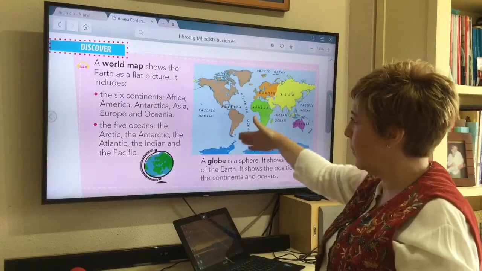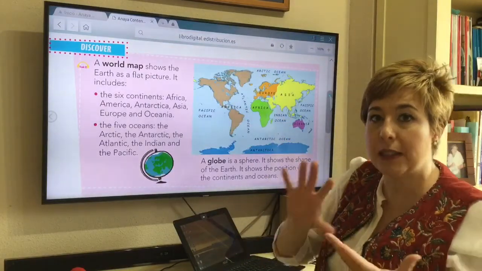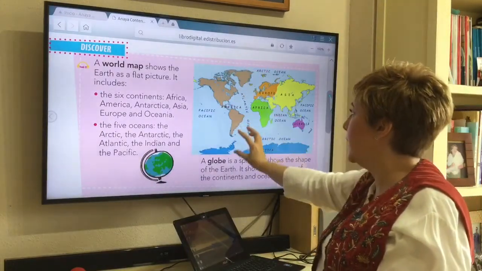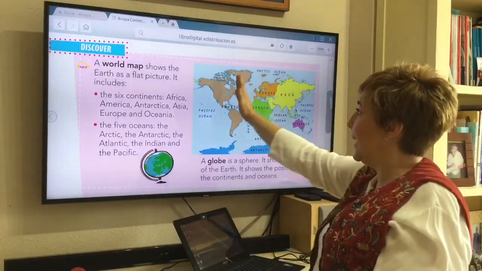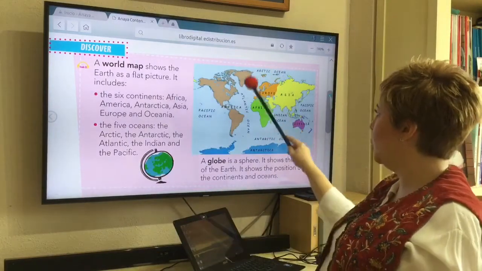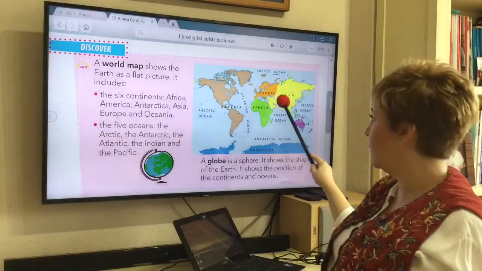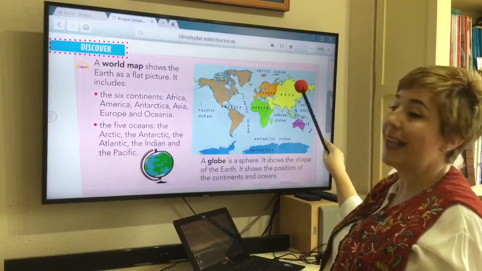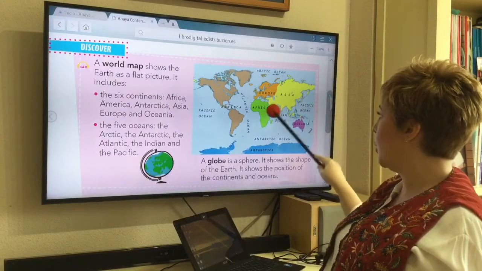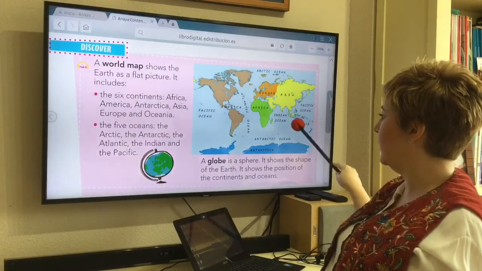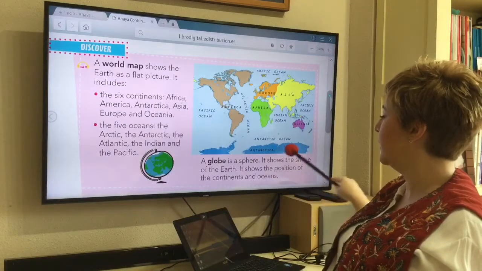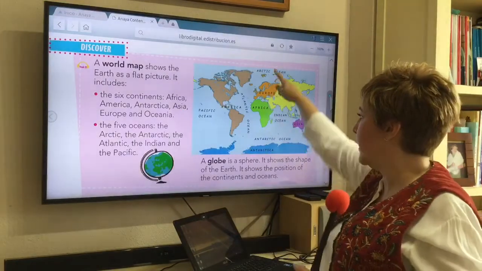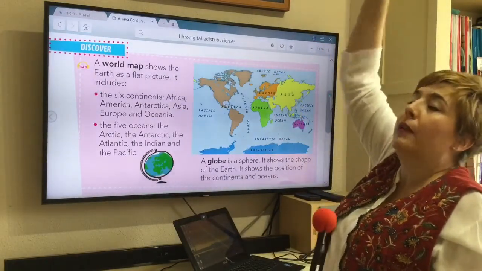This one is America. In other countries, they divide it in North America and South America. To the east of America, Europe. To the south of Europe, Africa. To the east of Europe, Asia. To the east of Africa, Oceania. And then we have Antarctica. And remember that these 2 oceans are very easy. At the top, Arctic.